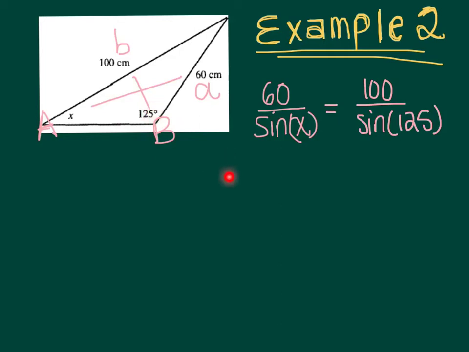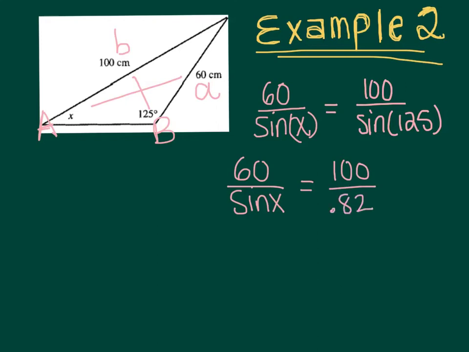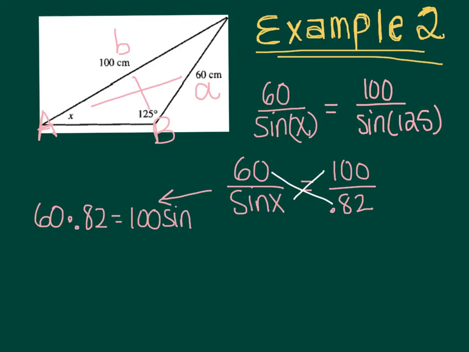I'm going to do one simplification with the calculator, rewriting as 60 over sine x equals 100 over 0.82, and then cross multiply. So we have 60 times 0.82 equals 100 sine x. So I'll go ahead and simplify 60 times 0.82. We have 49.2 equals 100 sine x.